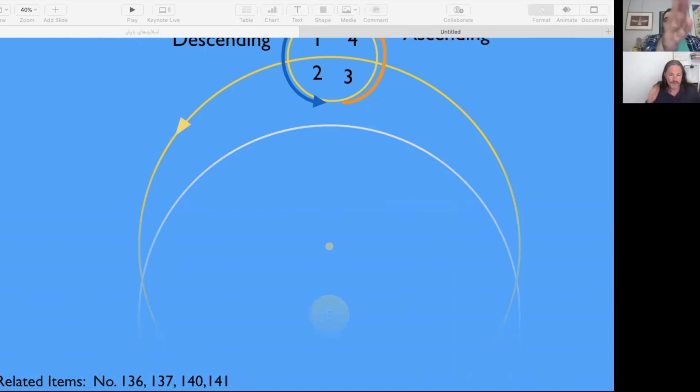Ascending and descending have astrological meanings. Of course, a planet in the ascending half is more powerful than in the descending half.